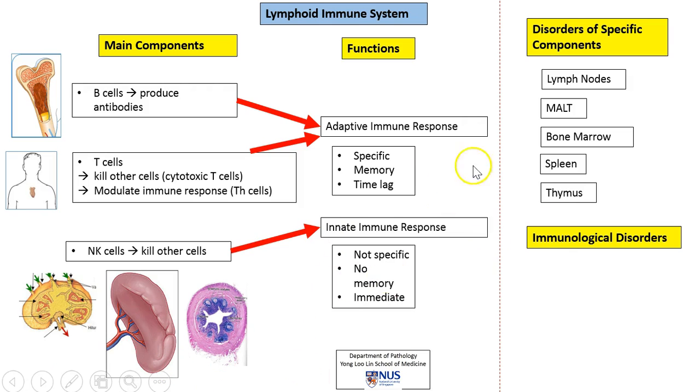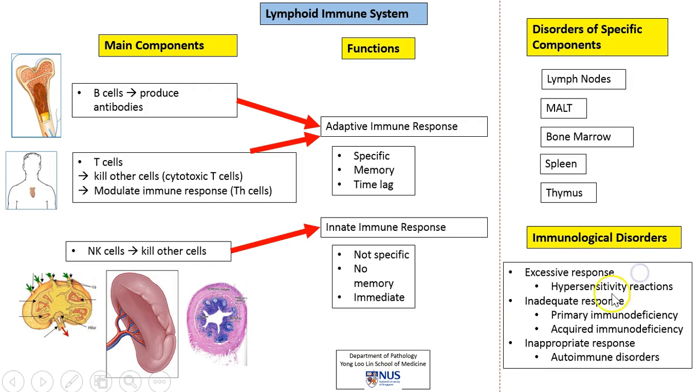Now, in addition to having abnormalities in specific lymphoid tissue types, there can also be some sort of functional abnormalities, and these are grouped into immunological disorders. So what can go wrong with the function? First of all, there can be an excessive immune response, and you can see this in examples such as allergies and hypersensitivity reactions.